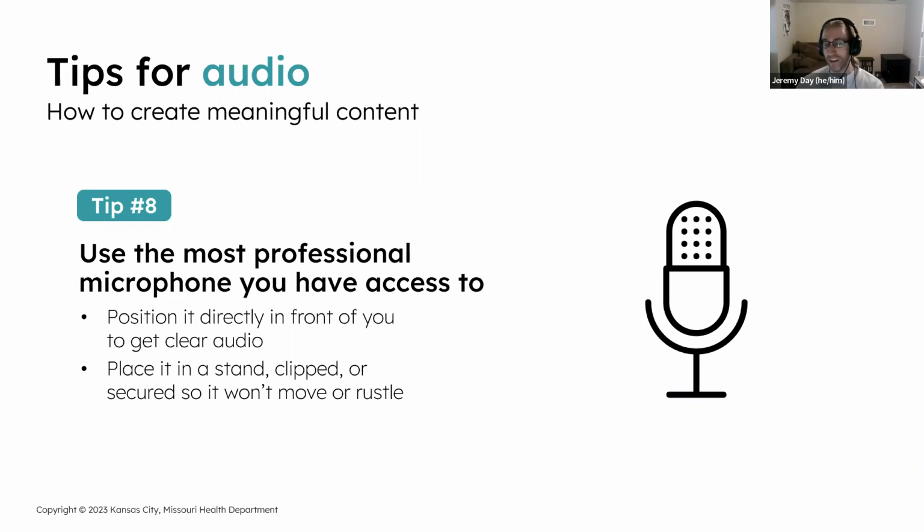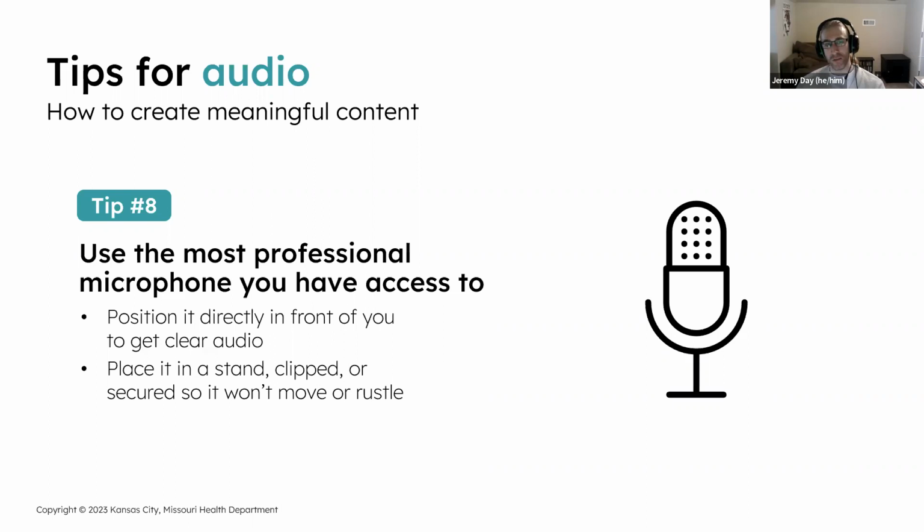If it's a mic on a stand, make sure that it is positioned in front of you and not too far away, so that you don't deal with more room noise or echoes, because then you might sound far and distant, which is why you do want to have a separate mic if you can. A mic on your phone, while your phone might actually be a good recording device, even for audio, might need to be closer to you than it can be.